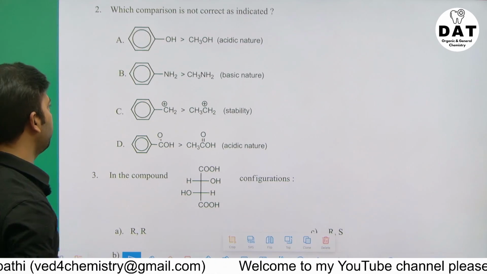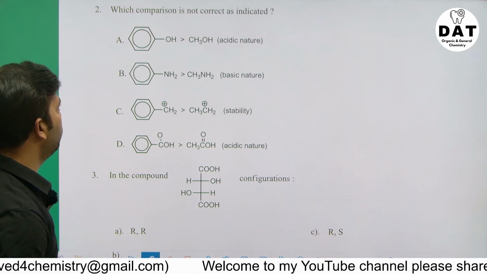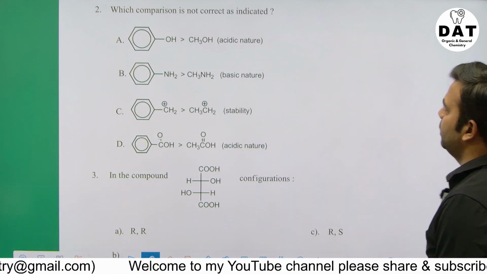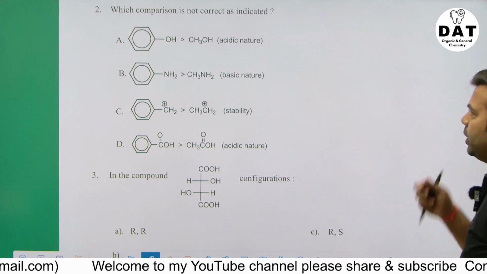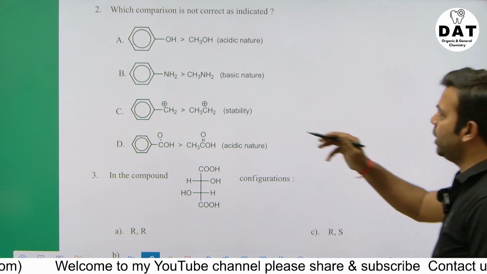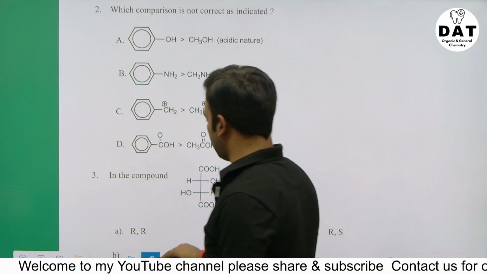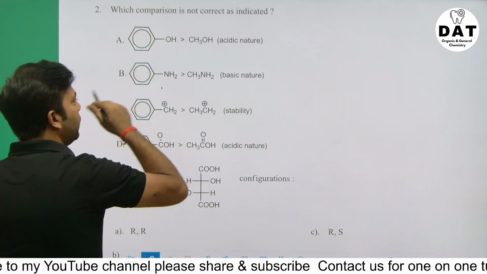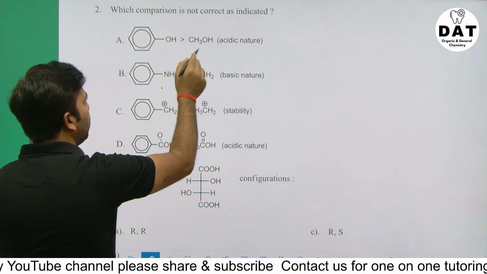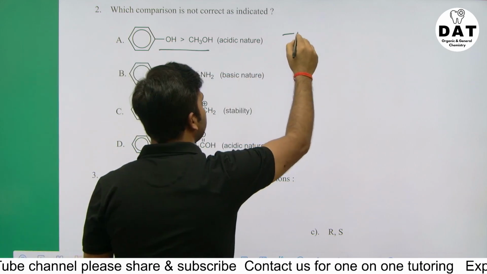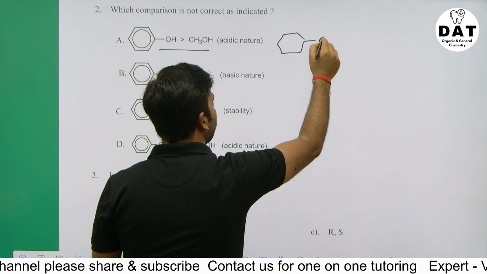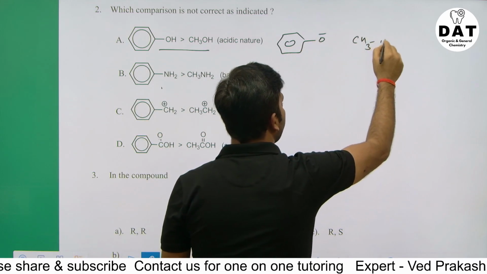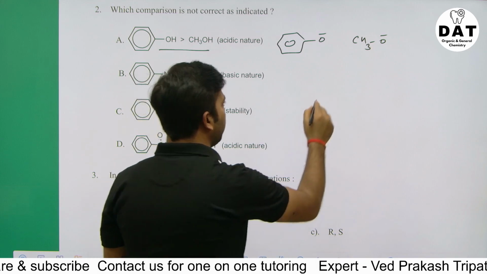Now let's talk about question number 2. It is saying which comparison is not correct. I told you about acidic strength. If you check the very first option, the acidic strength comparison, look here. If you remove the proton from the given acid, it becomes like this, and this is CH3O minus.